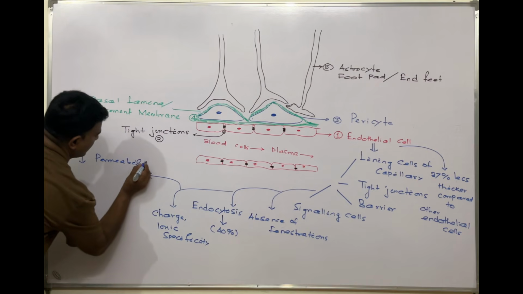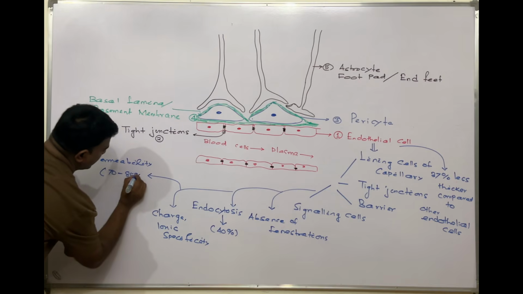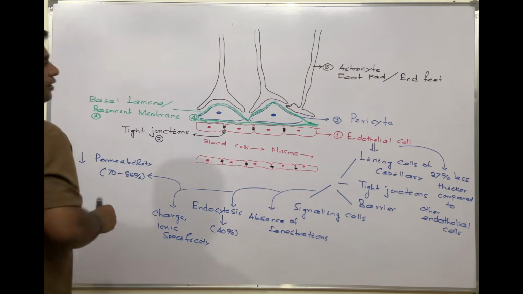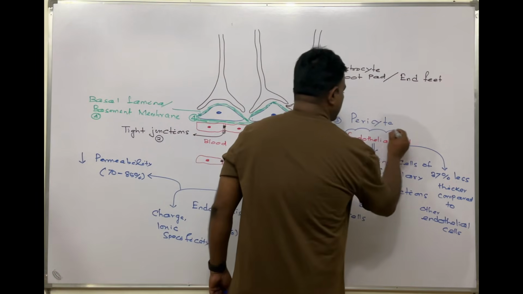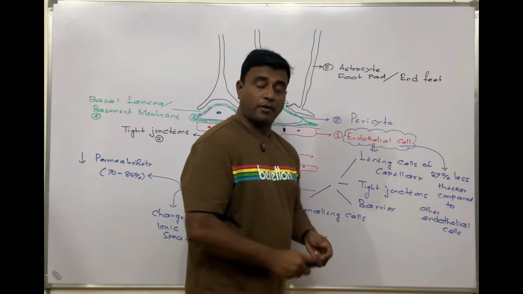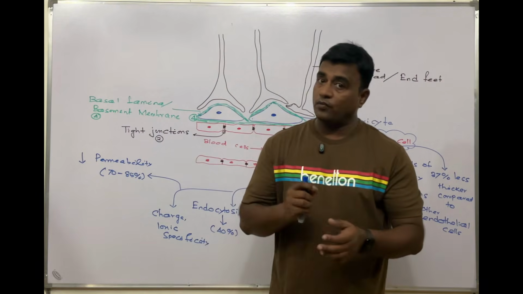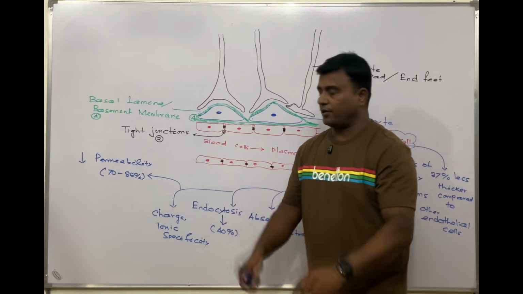Decreased permeability. Can you believe? It is 70 to 85% decreased permeability compared to other cells of the body. So that makes these endothelial cells very dynamic. Stay tuned for my next lecture, where I am coming with every cell and their dynamic function separately.